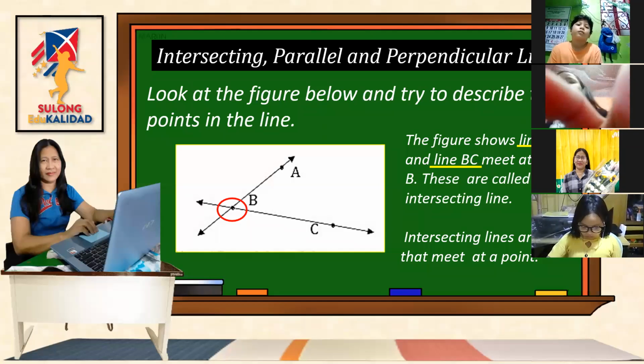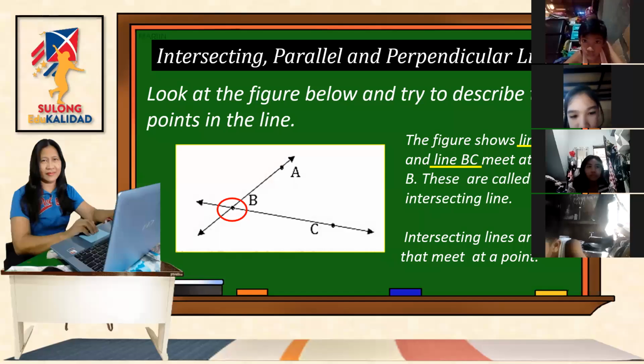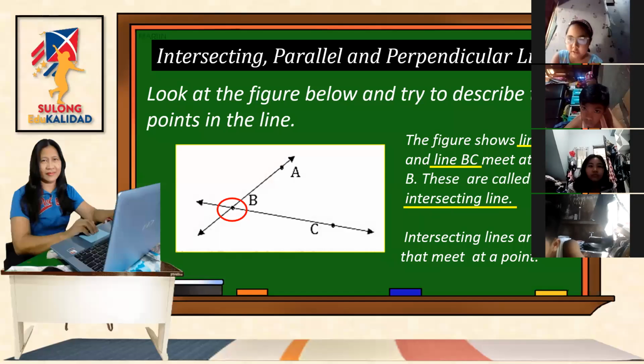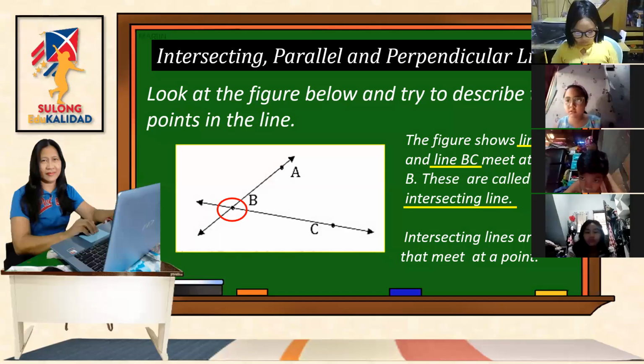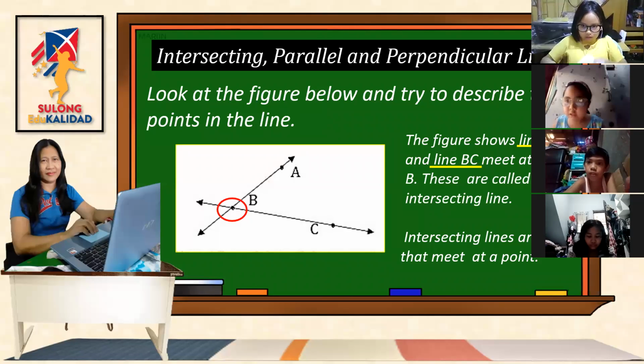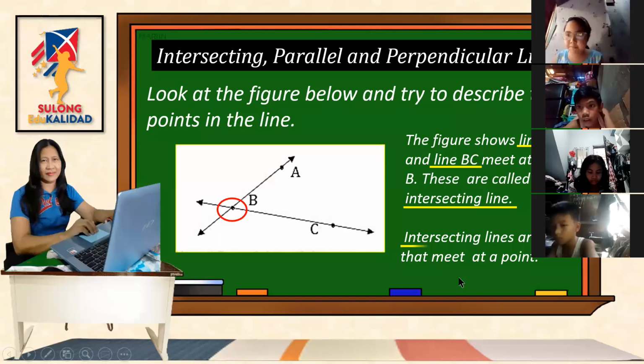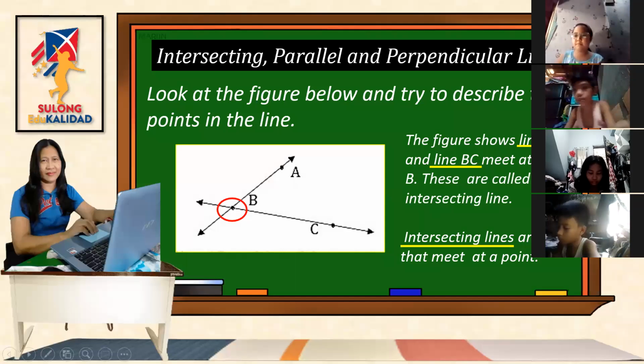Intersecting lines are lines that meet at a point. Okay, so any two lines that meet at a point are called intersecting lines.